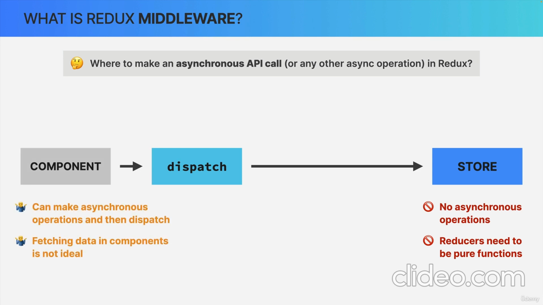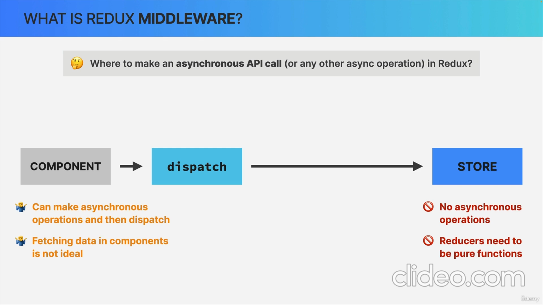And the reason for that is that we usually want to keep our components clean and free of data fetching. And we also want our important data fetching logic encapsulated somewhere, so all in one place, and not have it spread all over the application. Therefore, fetching data inside components, like we have been doing all this time, is not ideal.